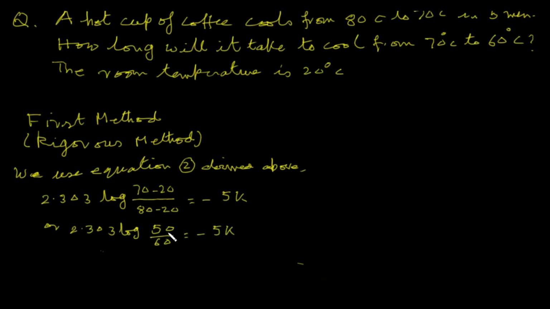We cancel the zeros from the numerator and the denominator, and designate this equation as equation number 3.